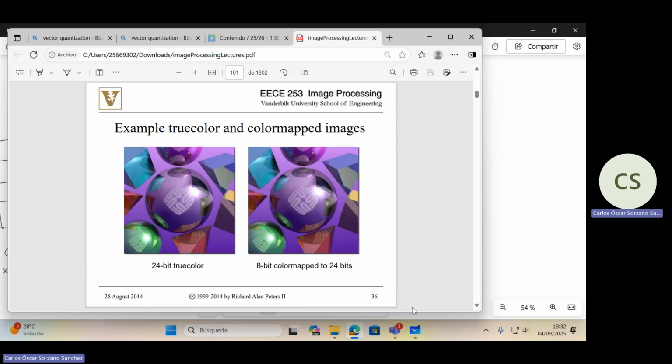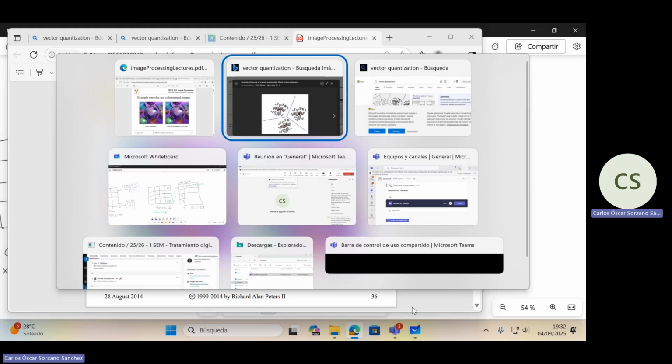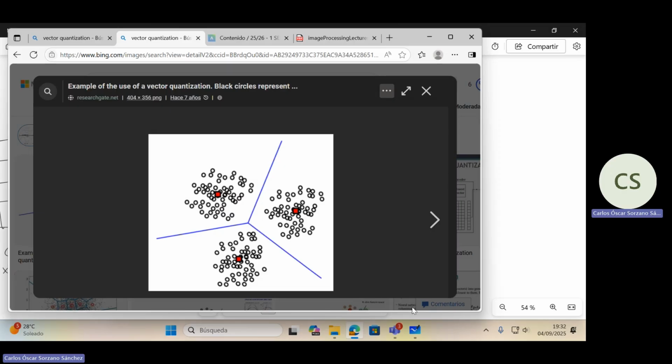So for every point you have a vector of 3 components. So we have a cloud of points like this one in 3 dimensions. And then there is a vector quantization process that groups the vectors in regions. And here they are very well separated, but there might be some continuums here. So they may change smoothly. But then all these vectors you approximate by this one, and this is the one that you put in the color map.